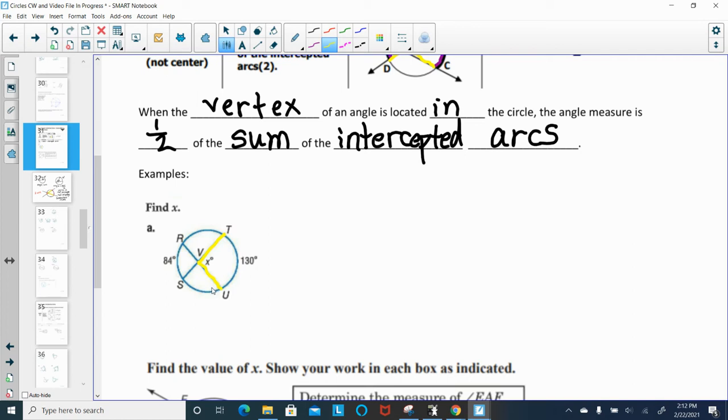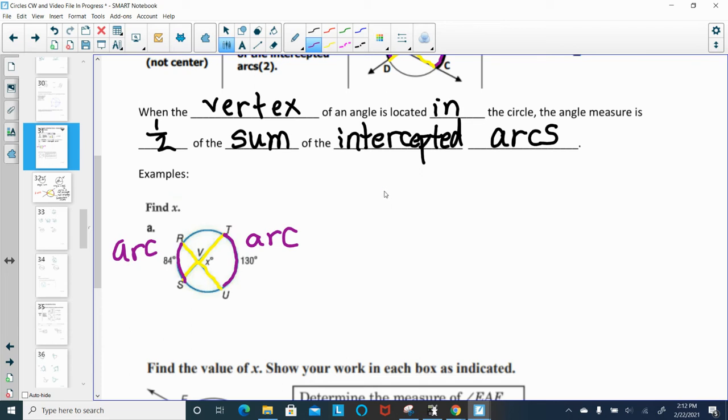So we have to look at this particular case and figure out, okay, well, it touches T to U. That's one of our arcs. And then if we consider the vertical angle buddy, there's its vertical angle buddy, and that arc touches from R to S. So those are our two arcs that we care about.